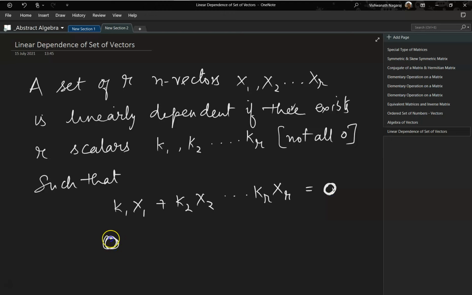And here 0 is a vector whose components are all 0.